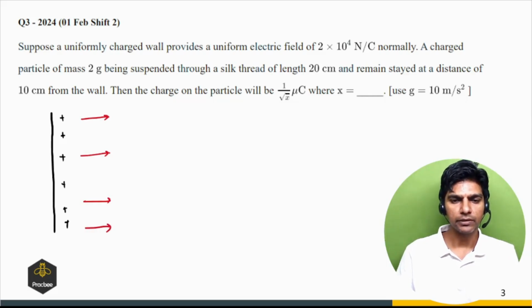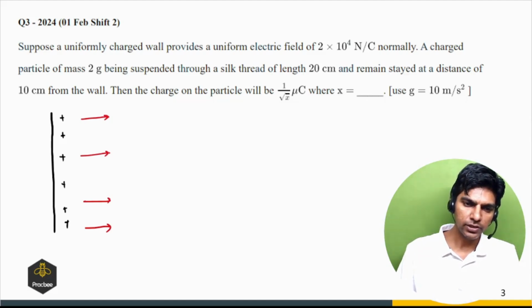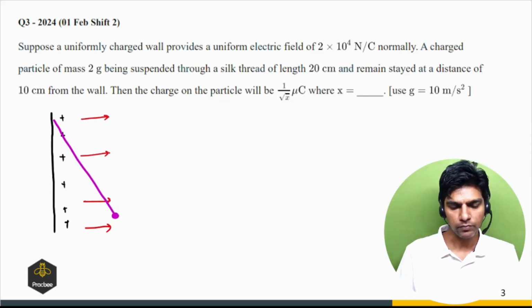A charged particle of mass 2 grams is suspended through a silk thread of length 20 centimeter and remains at a distance of 10 centimeter from the wall. So there is a charged particle suspended with the help of a string of length 20 centimeters, and its distance from the wall is 10 centimeter.